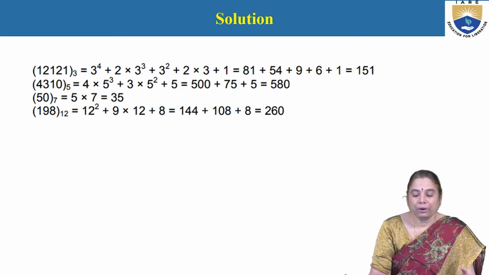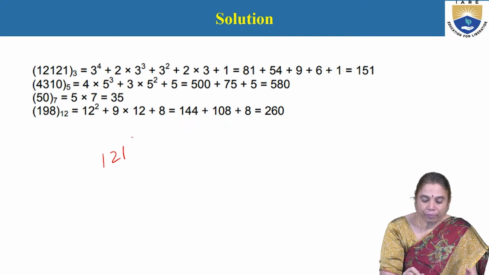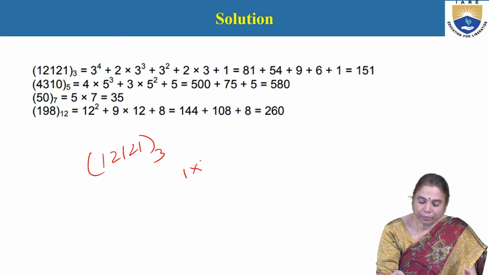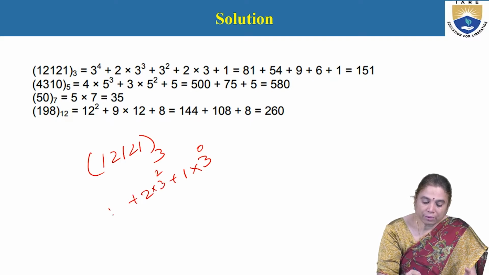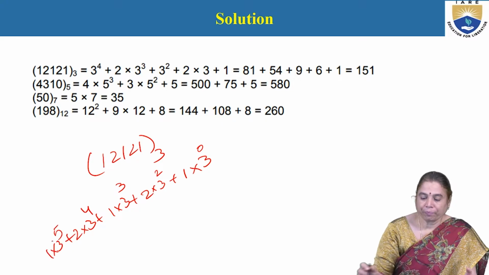Here we use the same methodology. Take 12121 with base value 3. Each digit must be considered: 1 into 3 power 0 plus 2 into 3 square plus 1 into 3 cube plus 2 into 3 power 4 plus 1 into 3 power 5.